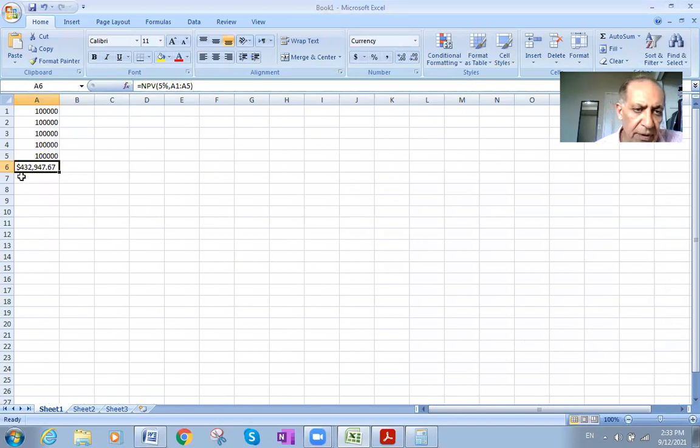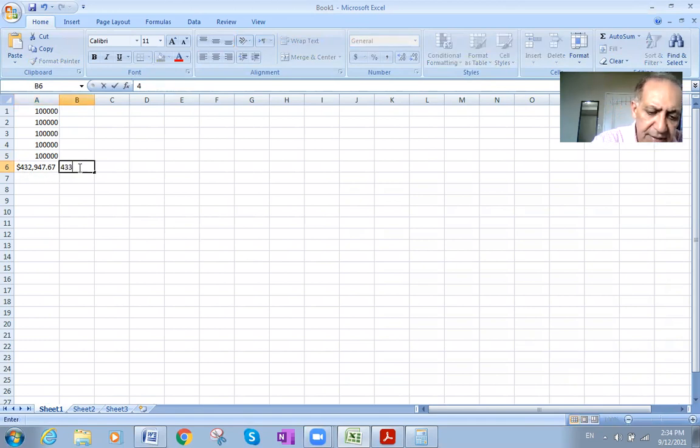So it is 432,947. When you see here, 947 is very approximated. It makes the second number $433,000 when it is rounded.